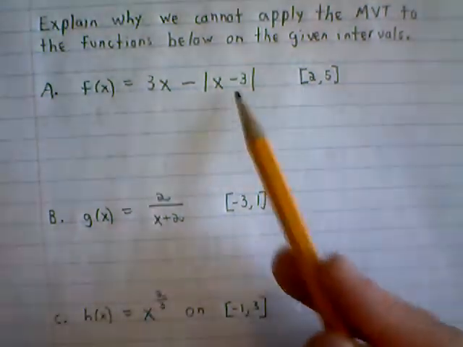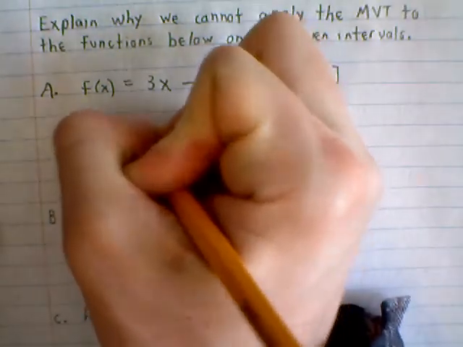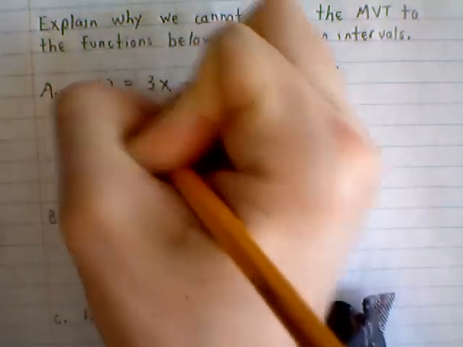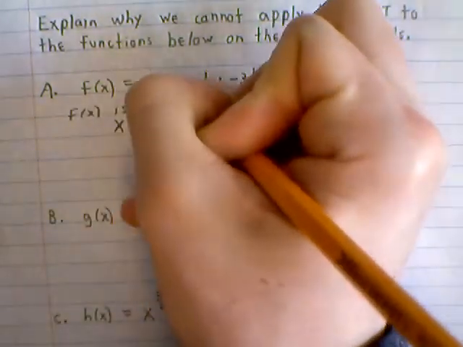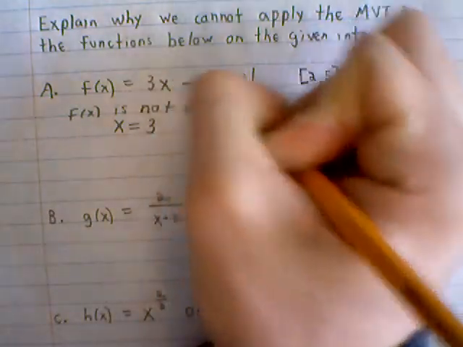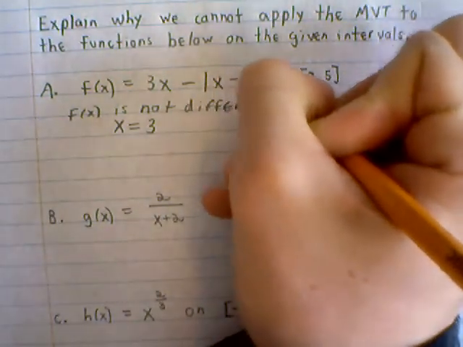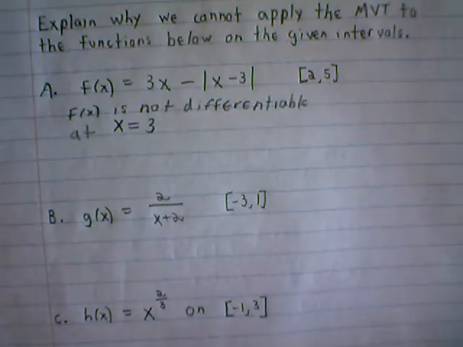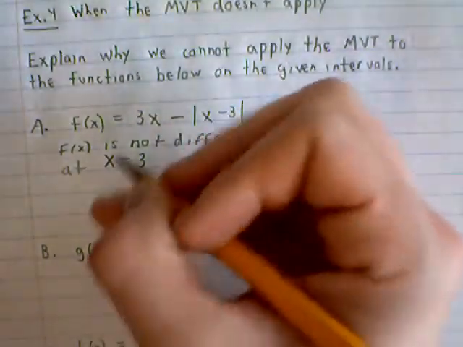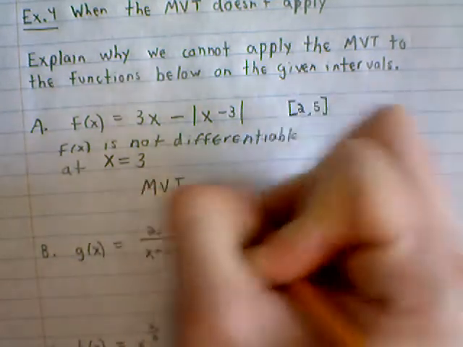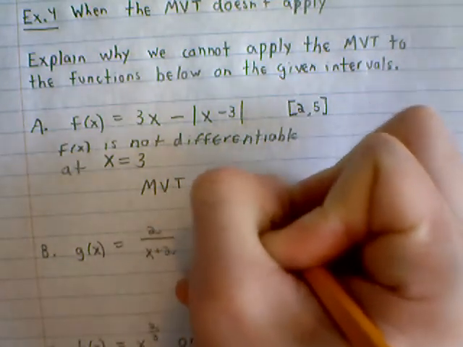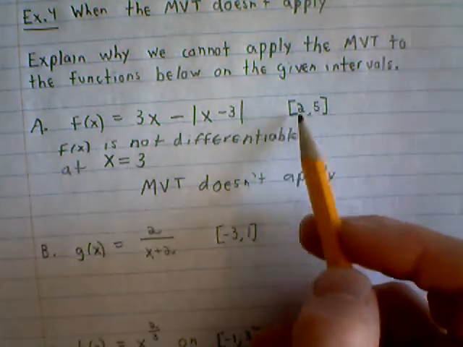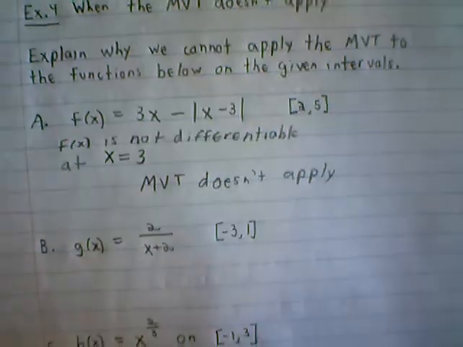So I know that f of x is not differentiable at x equals 3. So the MVT does not apply, and 3 is in our interval here.